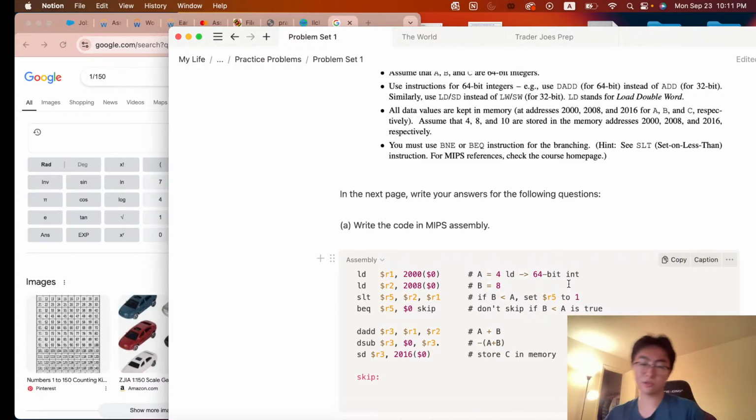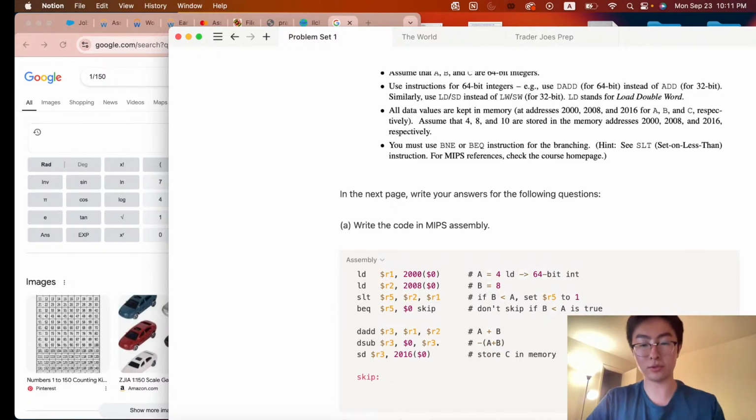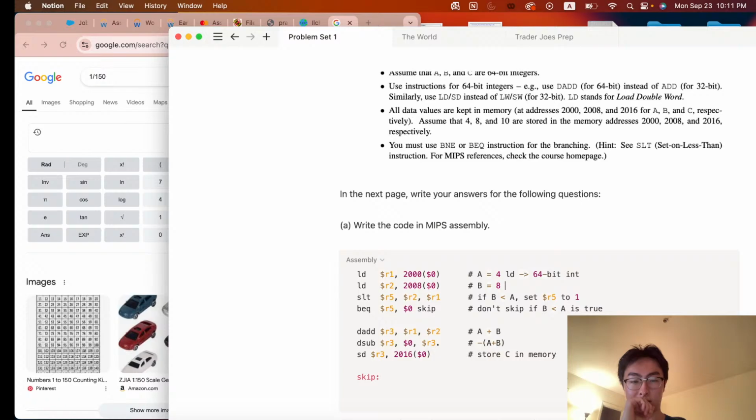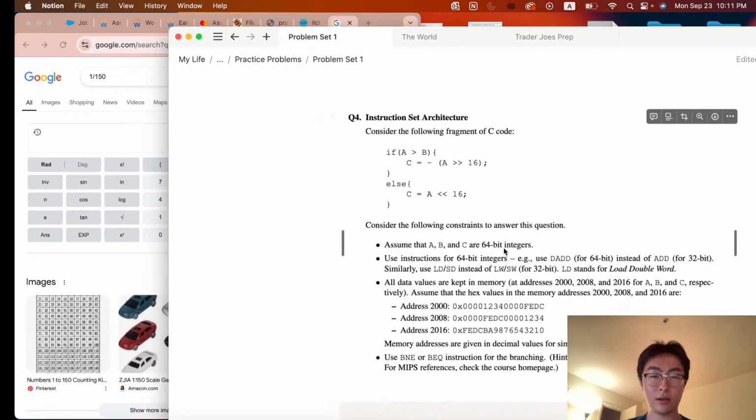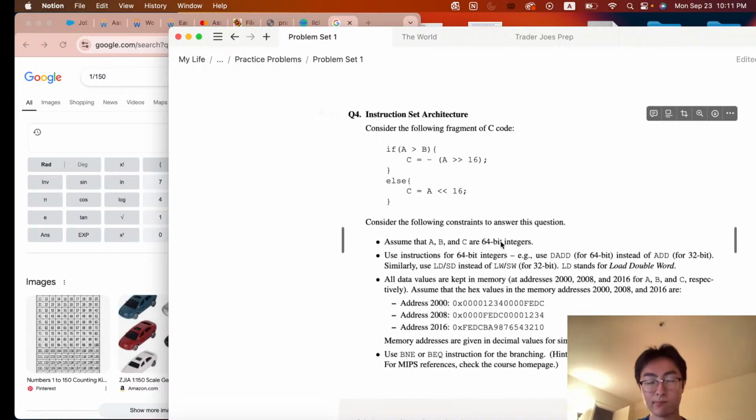Okay, so if b is equal to 8, then what we'll do here is maybe, so b is equal to 8, load data. Okay, here we go. 16 bits.